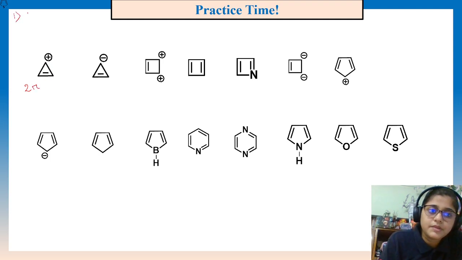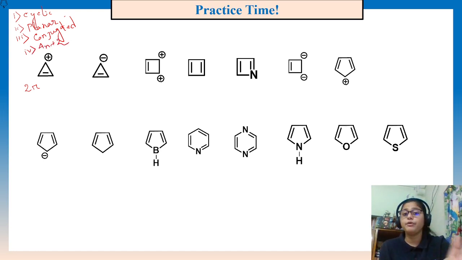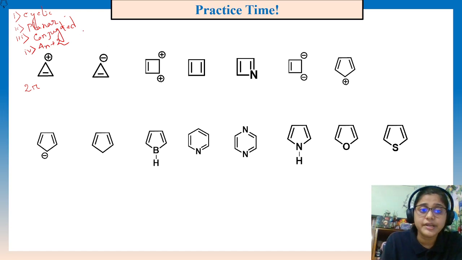Okay, so the four conditions were cyclic, planar, conjugated, and 4n plus 2. Okay, it is the criteria for aromatic, and for anti-aromatic it will be 4n.